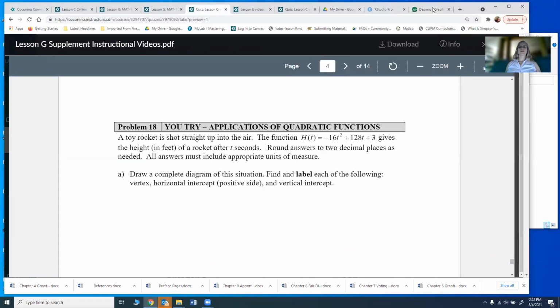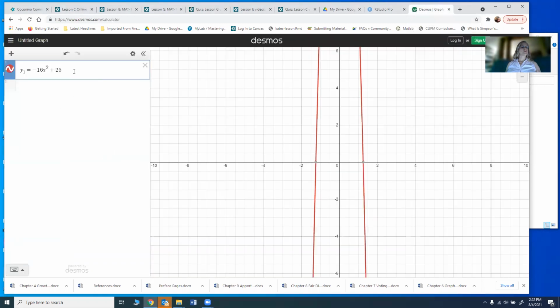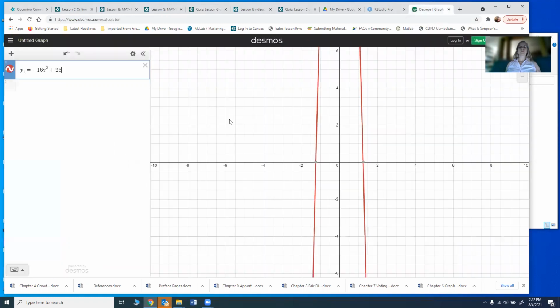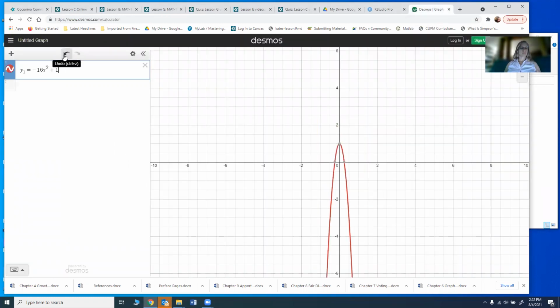It's plus 3, not minus. Plus 128x plus 3. So there's my equation typed in.